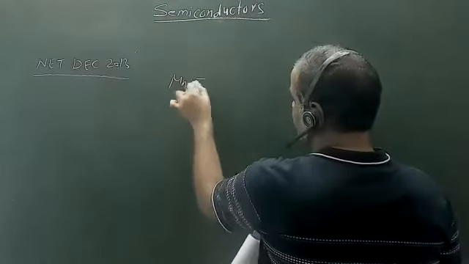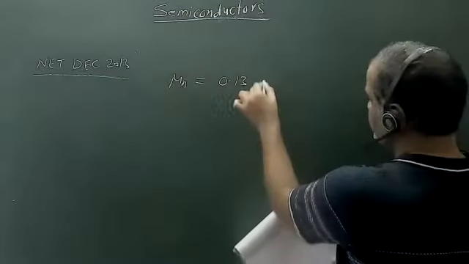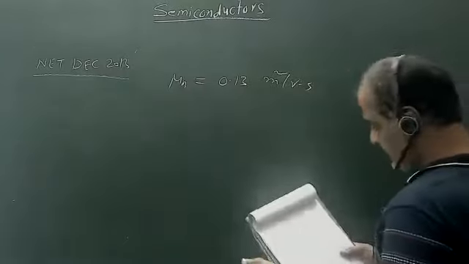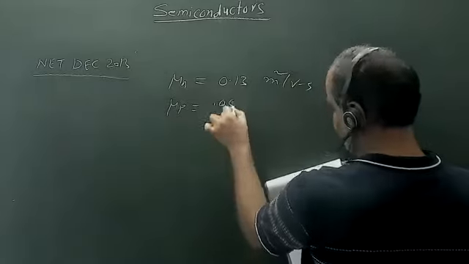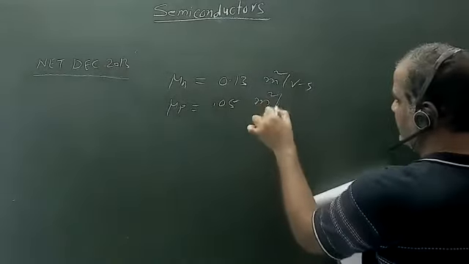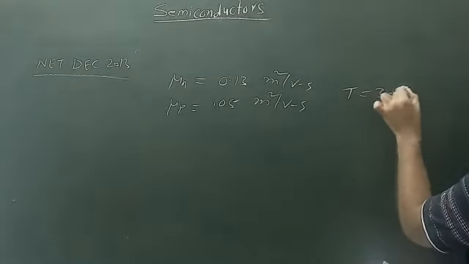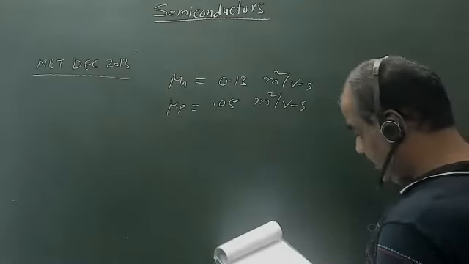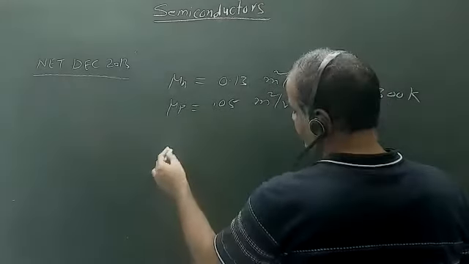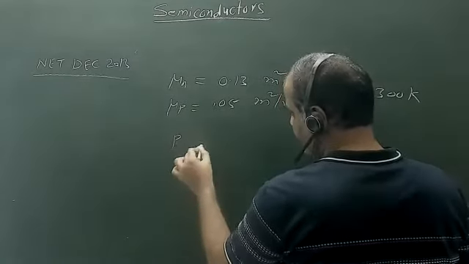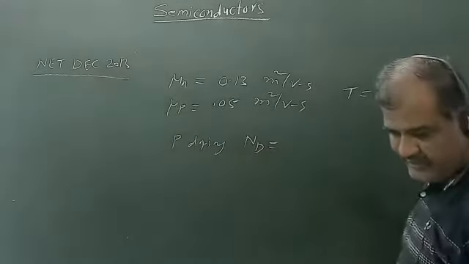So electron mobility is given as 0.13 meter square volt second, and the hole mobility mu p is 0.05 meter square volt second, at room temperature 300 Kelvin. Now it is doped with phosphorus and aluminum with doping concentration. So phosphorus की doping है, that is Nd. Phosphorus is the fifth group element.